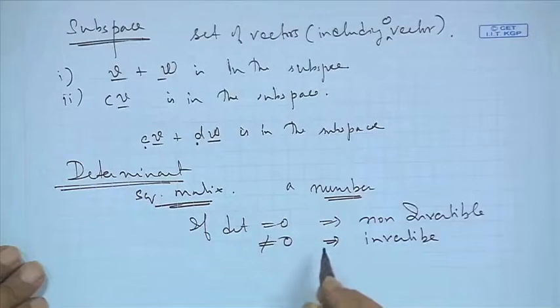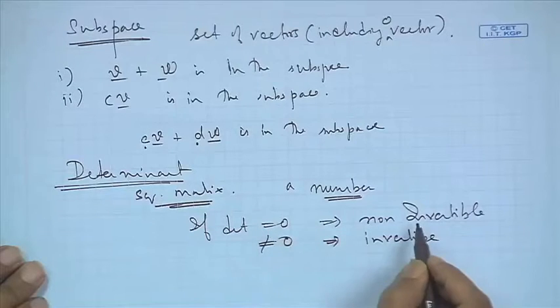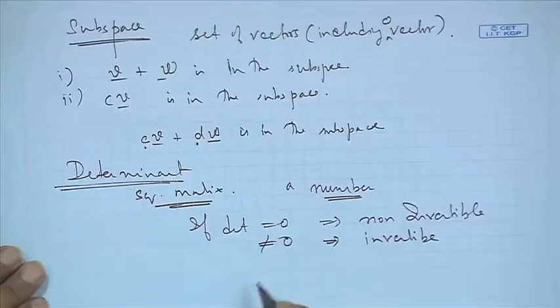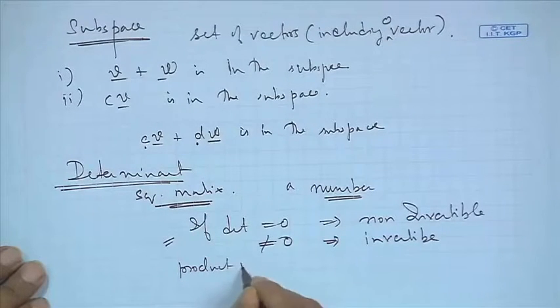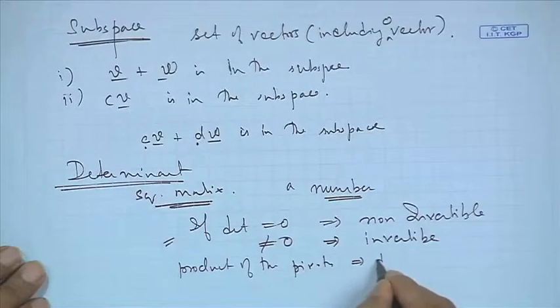So if you calculate the determinant and find that the determinant does not exist or is 0, you will never be able to invert the matrix, because the inverse is the adjoint of the matrix divided by the determinant. So this is very important. If you have pivots, then the product of the pivots gives the determinant.